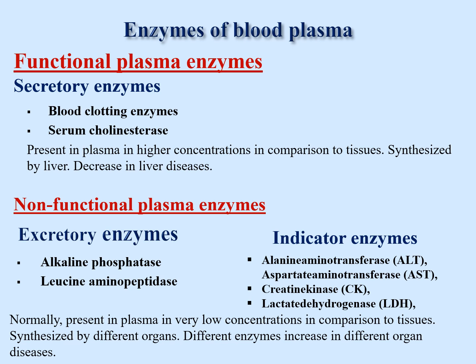Functional plasma enzymes can be defined as secretory enzymes, because these enzymes are synthesized and secreted into the blood, because in blood these enzymes have specific functions. These are blood clotting enzymes, for example, and serum cholinesterase. All these enzymes are present in our blood because there are substrates for these enzymes in our blood.